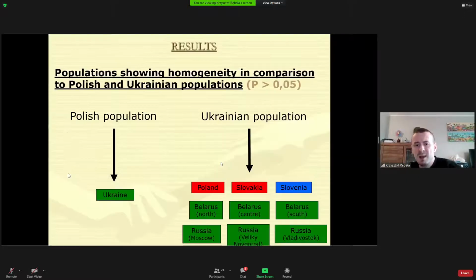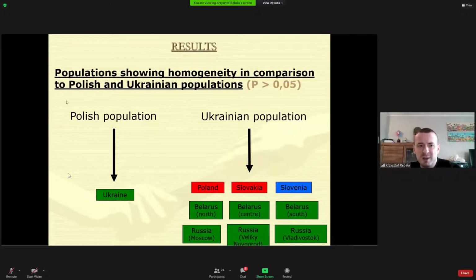And you can see here the number of populations which showed homogeneity, genetic similarity, in comparison to Polish and Ukrainian populations, assuming that homogeneity means that the p-value was higher than 0.05.